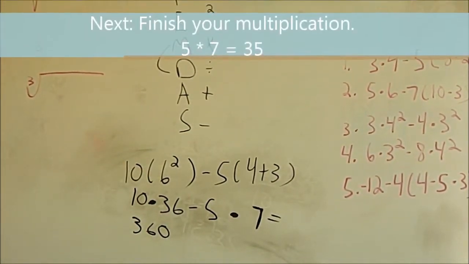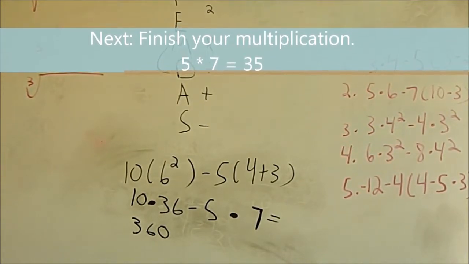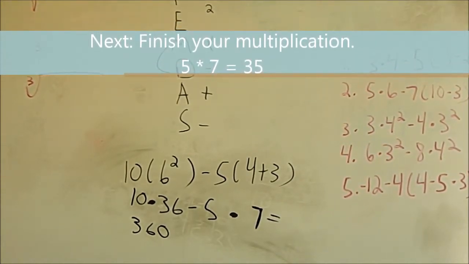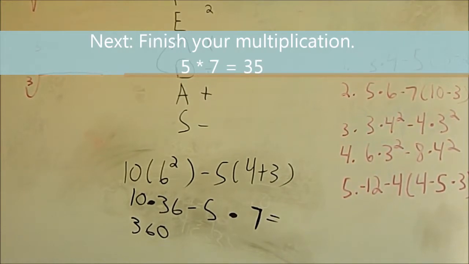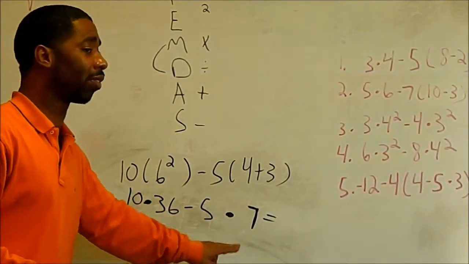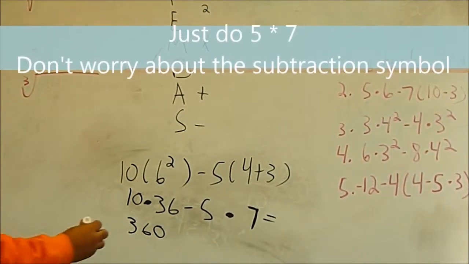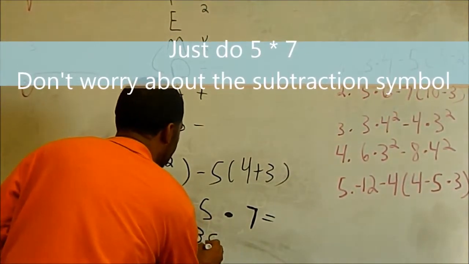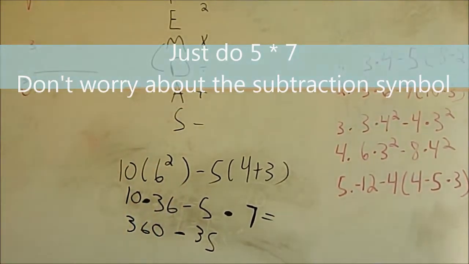Now, what's the next thing I do? You will multiply 5 times 7. Here's the thing: in order not to confuse you, don't do negative 5 times 7. Just do 5 times 7. What's 5 times 7? 35. Now you have 35 here, and just bring down your minus sign.